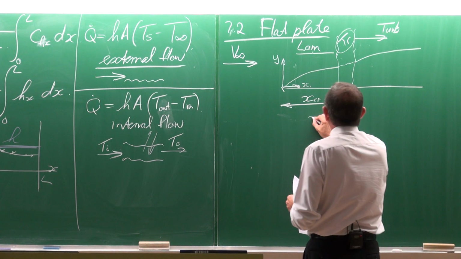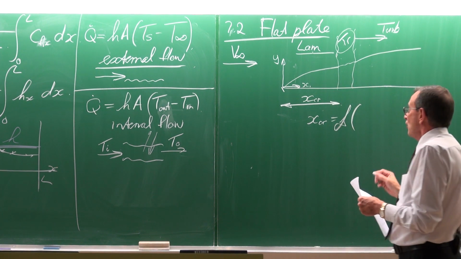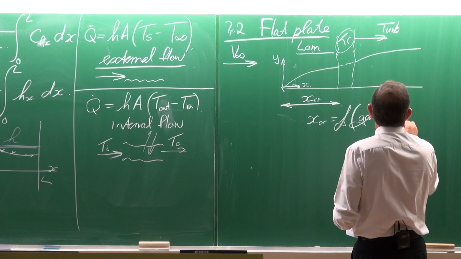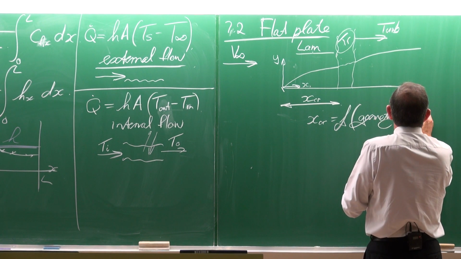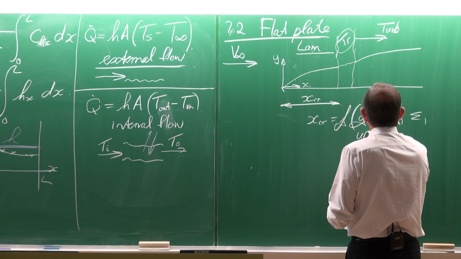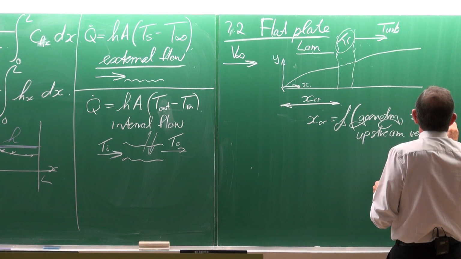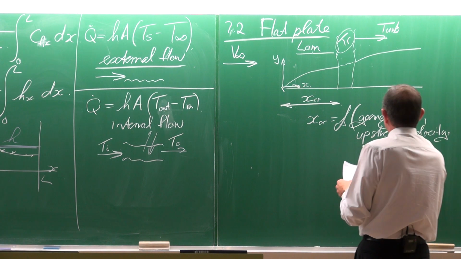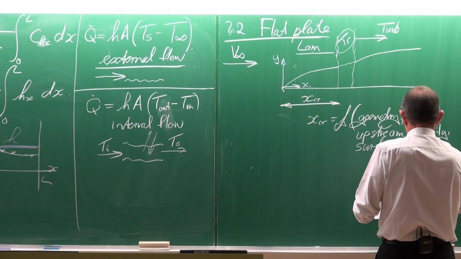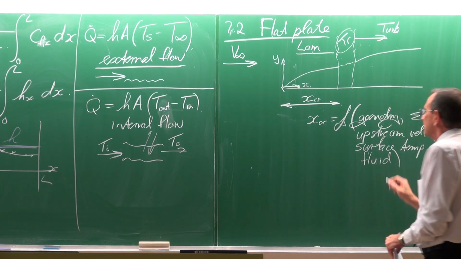And this value of XRC is a function of the surface geometry, again the surface roughness, the upstream velocity, the surface temperature, and the type of fluid that is being used.